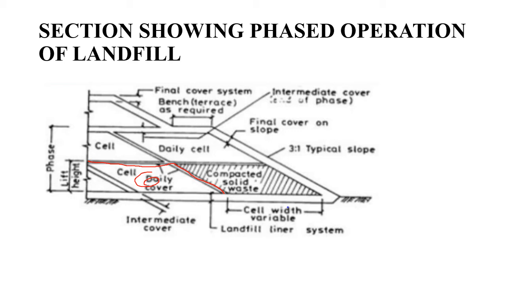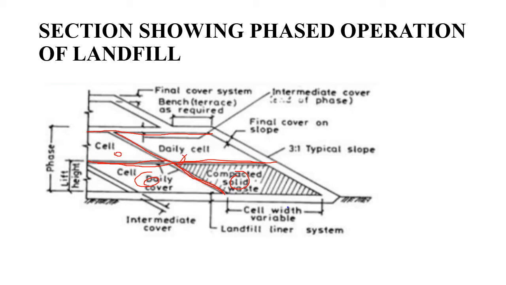The next day, again you will receive some volume of waste material, and then you will seal it off with a daily cover. So each of these individual sections is called a cell. This is one cell, this is another cell, this is another cell, and this is another cell.